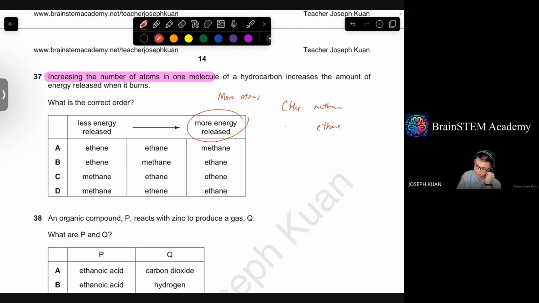Ethane is C2H6. Ethene is C2H4. So in terms of the number of atoms, it's methane followed by ethene followed by ethane. The answer is D. Right?